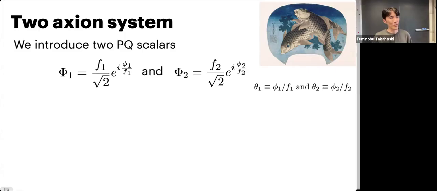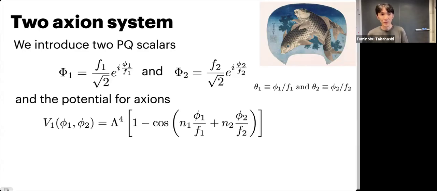If you wish, of course, you could consider a very complicated setup with n axions, like the clockwork axion model. But let me focus on this relatively simple setup. Because we introduced two scalars, we have two axions. But at low energy, what we want is the QCD axion, and the other axion should be much heavier. So we introduce a potential V1 to give a mass to one combination of phi1 and phi2 like this.